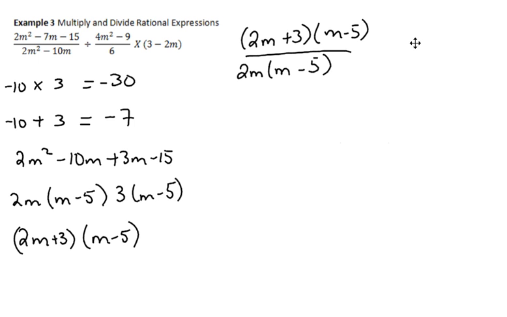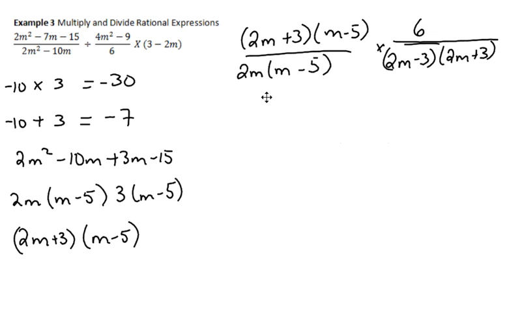Okay? What I'm going to do is rewrite this as a reciprocal. So you notice that I brought the 6 into the numerator, and I factored this to create the denominator. So I have 2m minus 3, 2m plus 3. I got that by taking the square root of 4m squared, giving me 2m, and the square root of 9 to give me 3.